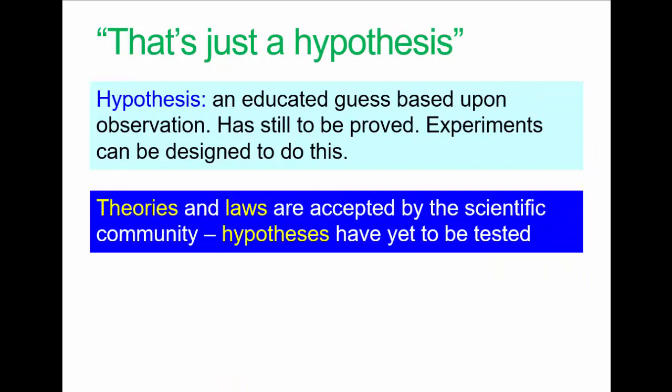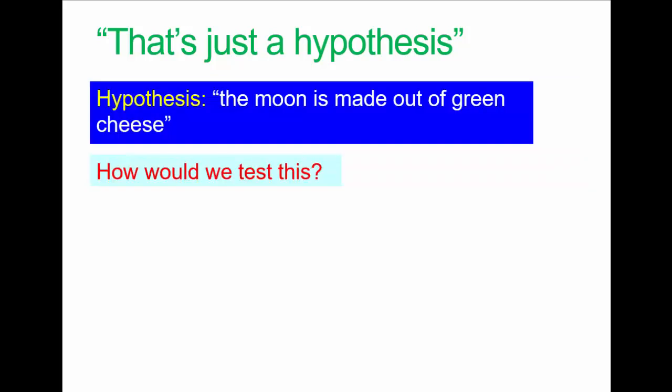So hypotheses. We've talked about hypotheses quite a lot, certainly with the first students. A hypothesis is an educated guess about what you think will happen in a scientific experiment based on your observations. Before conducting that experiment, you propose a hypothesis so you can determine if your prediction is supported. So here's a hypothesis. The moon is made out of green cheese.